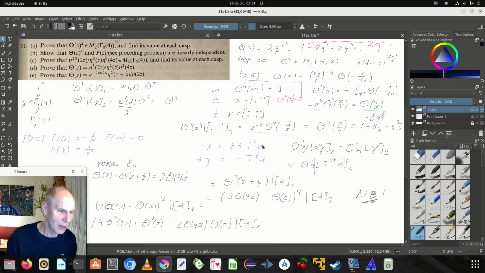Here we've got it. To finish the proof of the proposition, we must show the cusp condition, and it will be shown in problem 11, and what will be shown is exactly this.